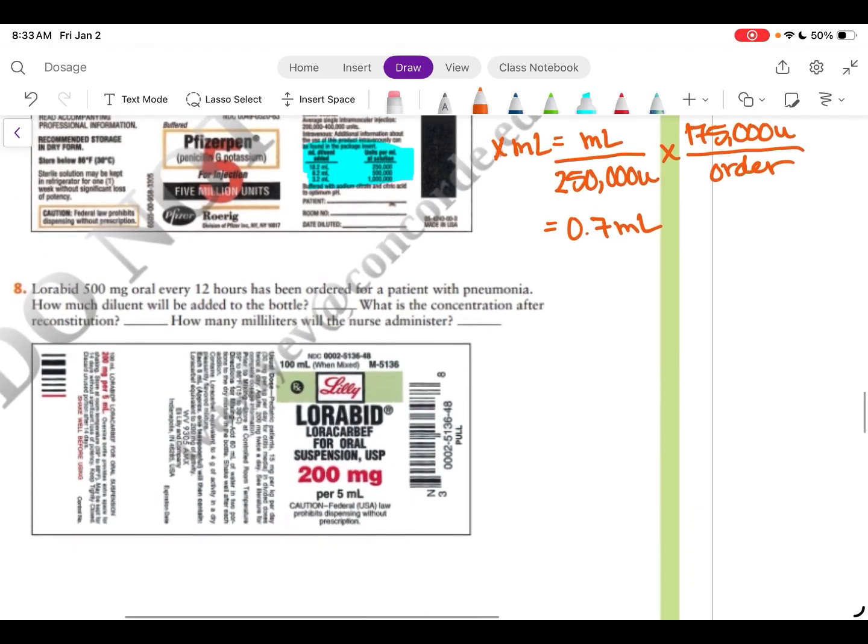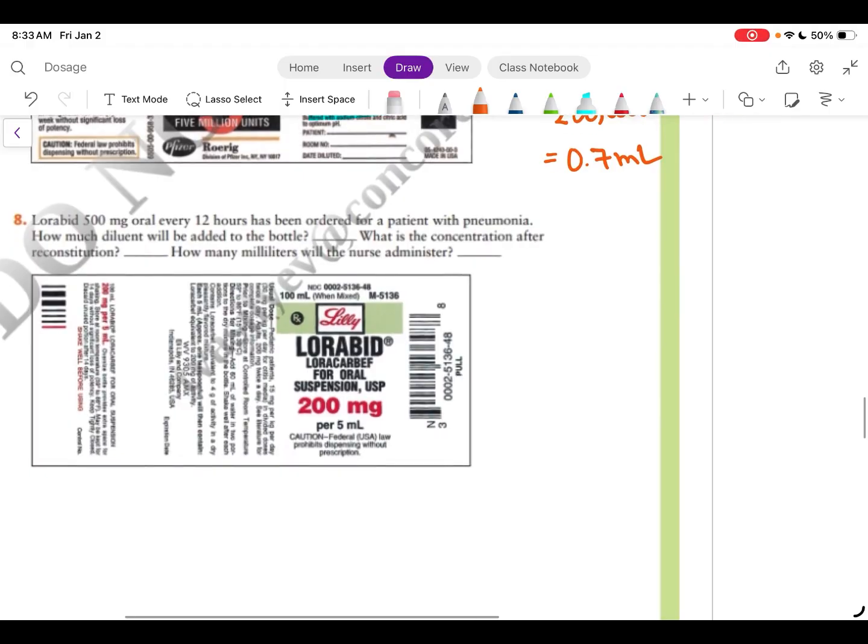All right, let's move on. Lorabid 500 every 12 hours is ordered for a patient with pneumonia. How much diluent will be added to the bottle? These are the questions like we did in the beginning. Your directions for mixing are right here. It looks like I need to add 60 milliliters of diluent.